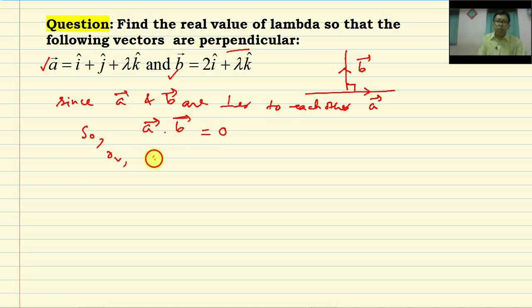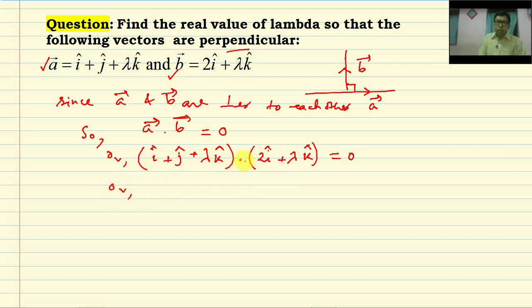A vector is equal to i cap plus j cap plus lambda k cap, dot B vector, which is 2i cap plus lambda k cap, is equal to 0.